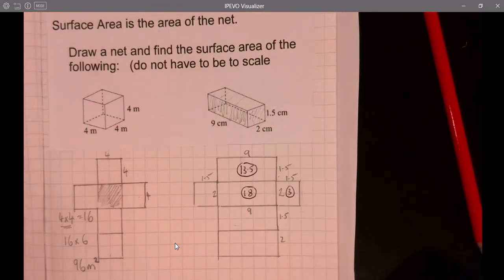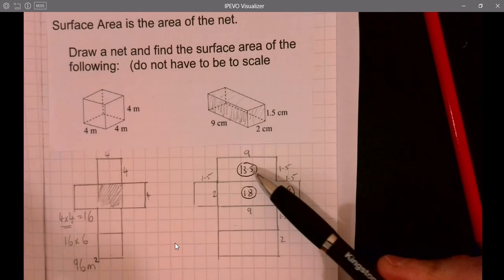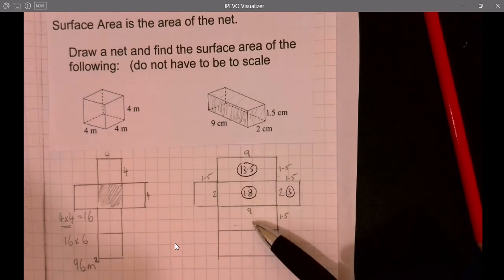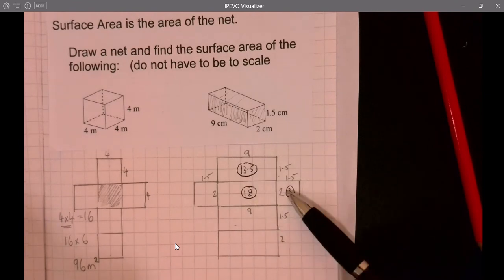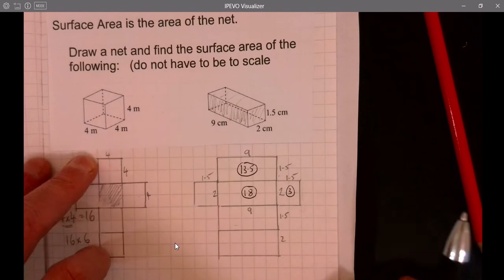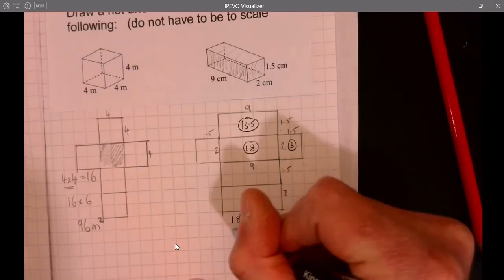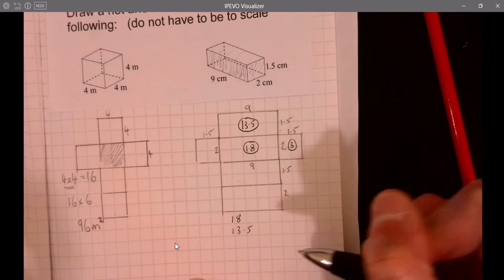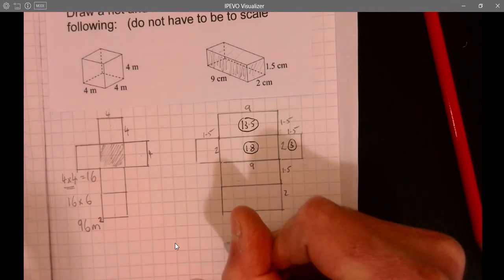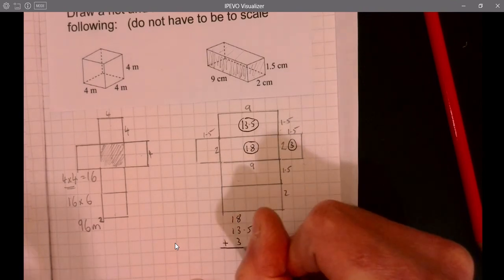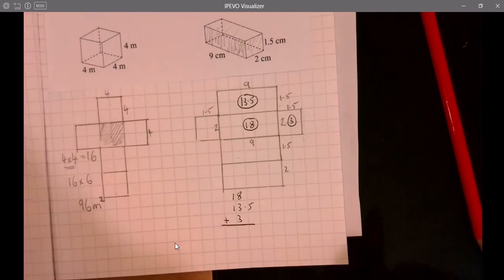The easiest way of doing this is because they're all going to double up. So I've got 2 of those, 2 of those, and 2 of those. So if I just go 18, add 13.5, add the 3, add that lot together, and then we're just going to multiply that by 2.